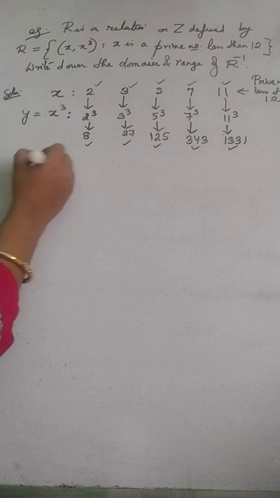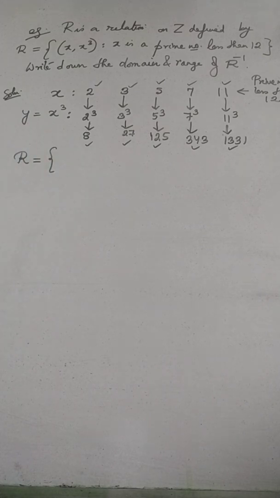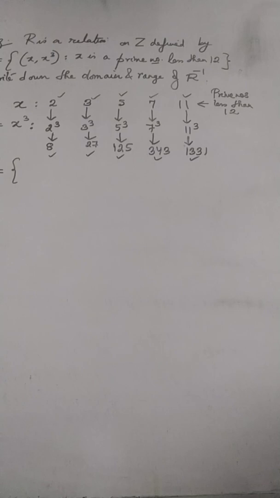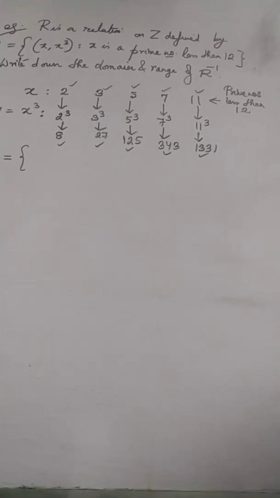So let us list R. We can write it in roster form very easily. We'll write it in pairs obviously. So what are the pairs?